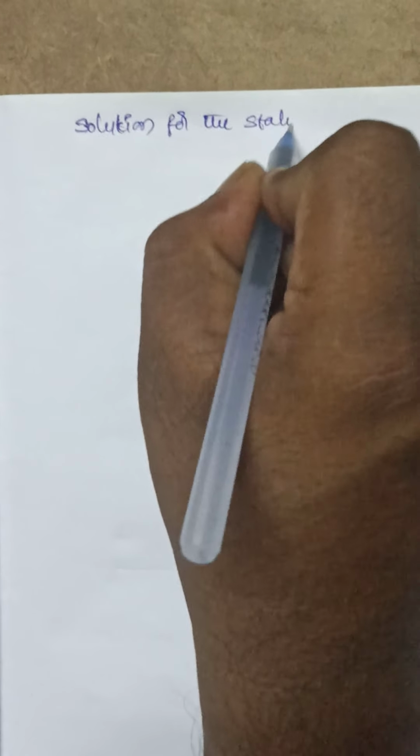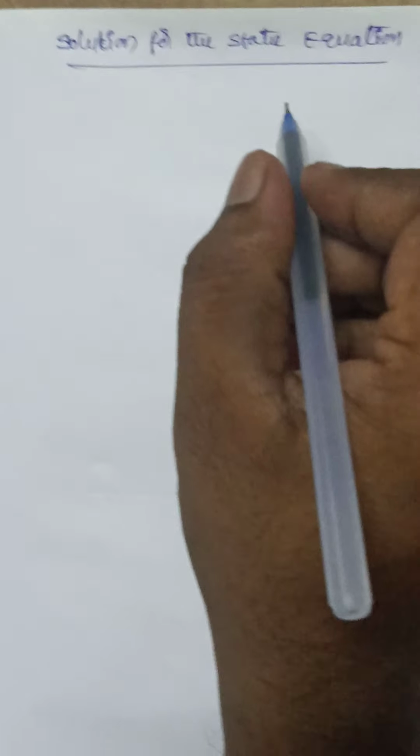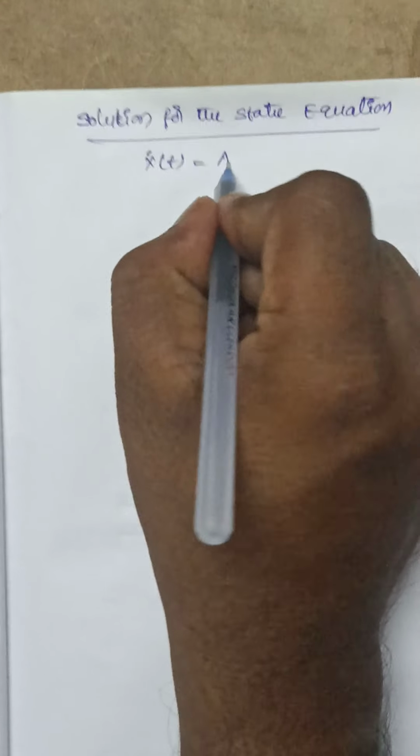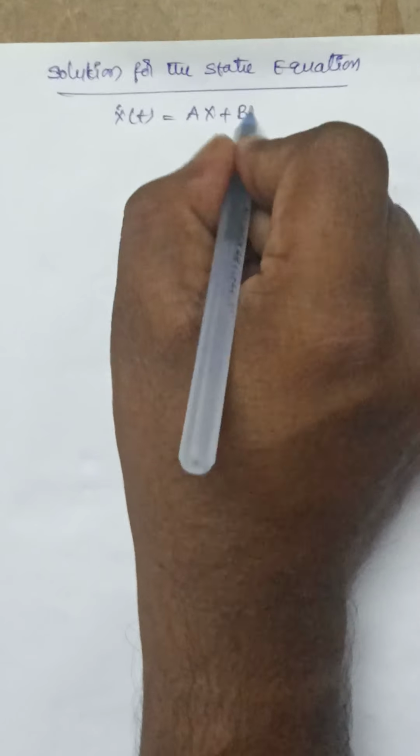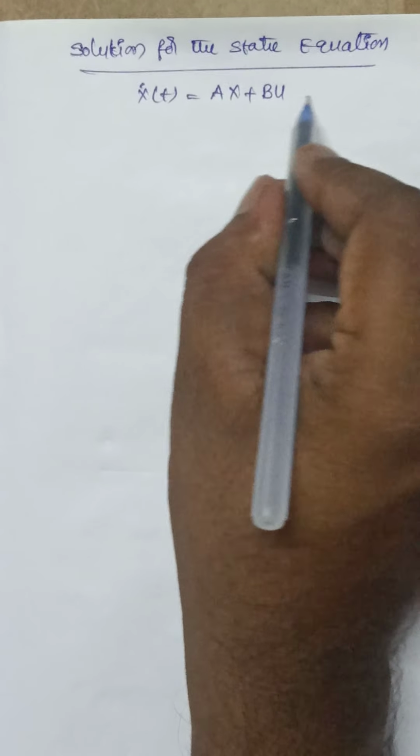So now next one is solution for the state equation. So what is the state equation here? x dot of t is equal to Ax plus Bu. Here there are two types of state equations.